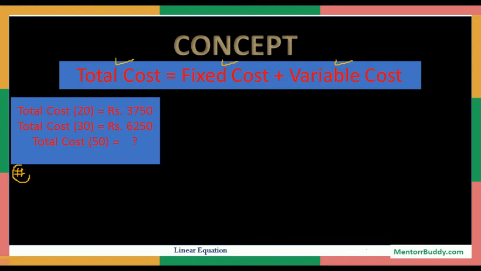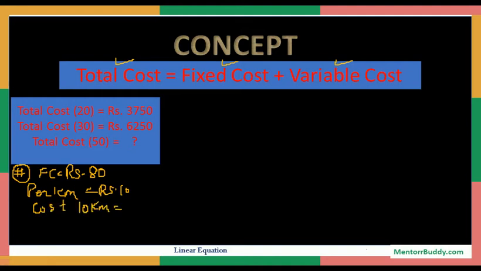Let's say for a particular ride, a cab or a taxi charged a fixed cost of rupees 80. So rupees 80 is going to be the fixed cost, and for per kilometer it charges rupees 10. And the question is, find the cost for a journey of 10 kilometers.